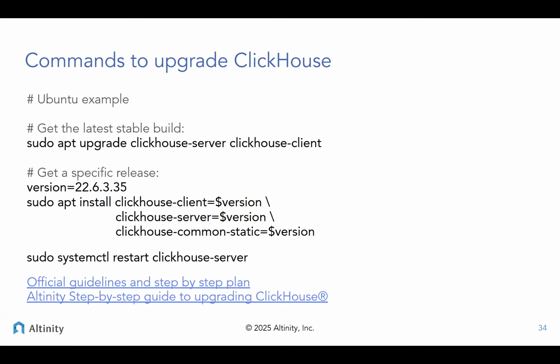ClickHouse has been very consistent about this for basically almost a decade, since it was open source. You'll do the apt install. This does not restart the ClickHouse server, which means you can choose when you want to restart it, and we'll get to that in just a minute. You can install the software, and then you just restart when you want to actually cause the upgrade to happen.